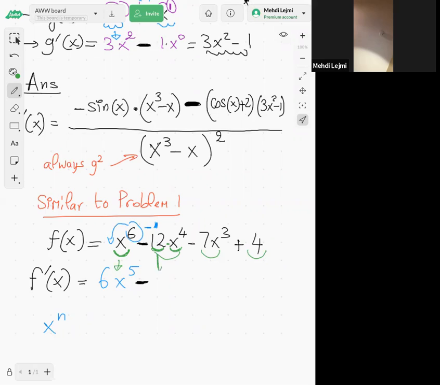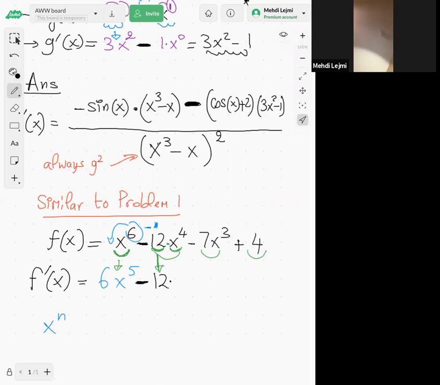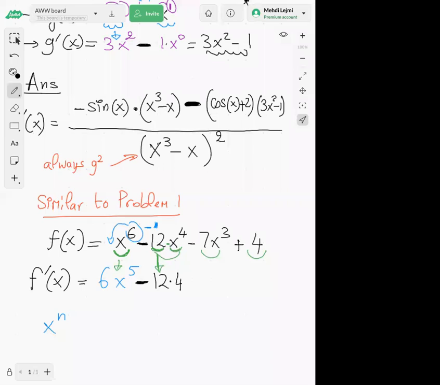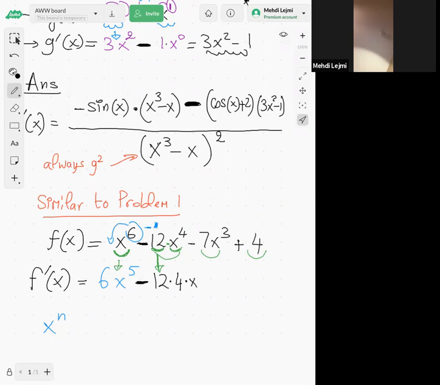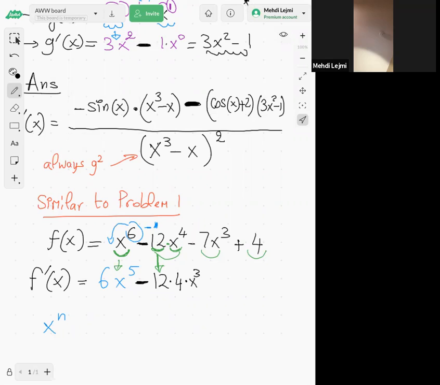So I'm going to keep the 12, and then times 4 times x to the 3rd power, x cubed. That would be 48x cubed. Yes, absolutely.